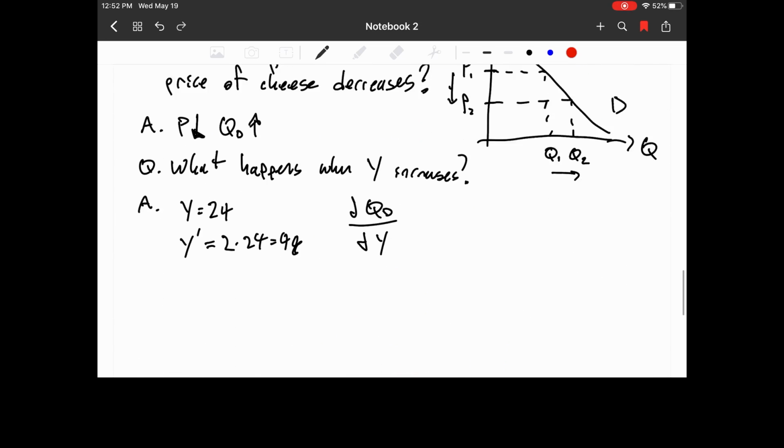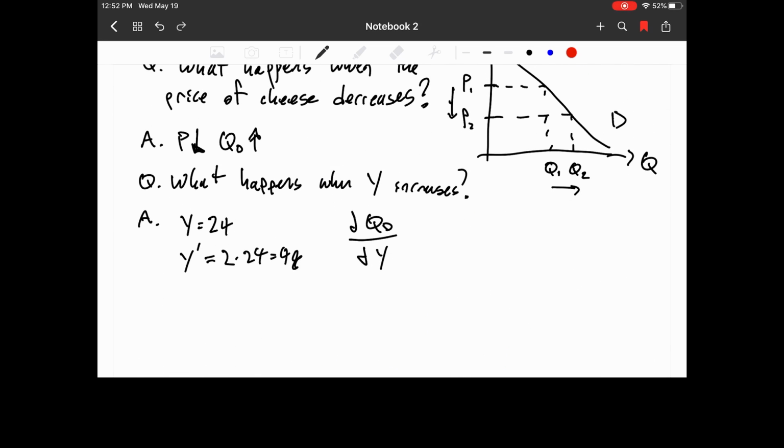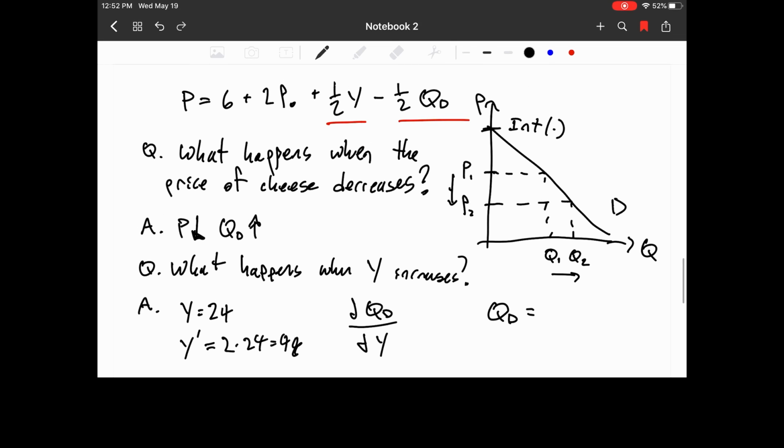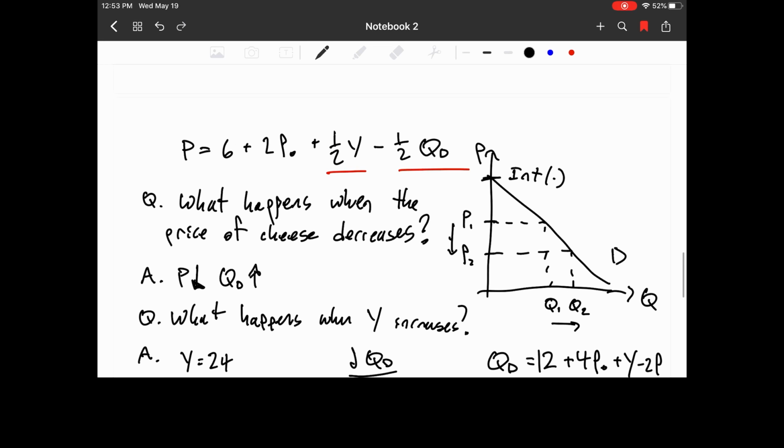So I'm going to write this on the side here. So QD is equal to 12 plus 4P0 plus y minus 2p. And we'll just run back up and double check.